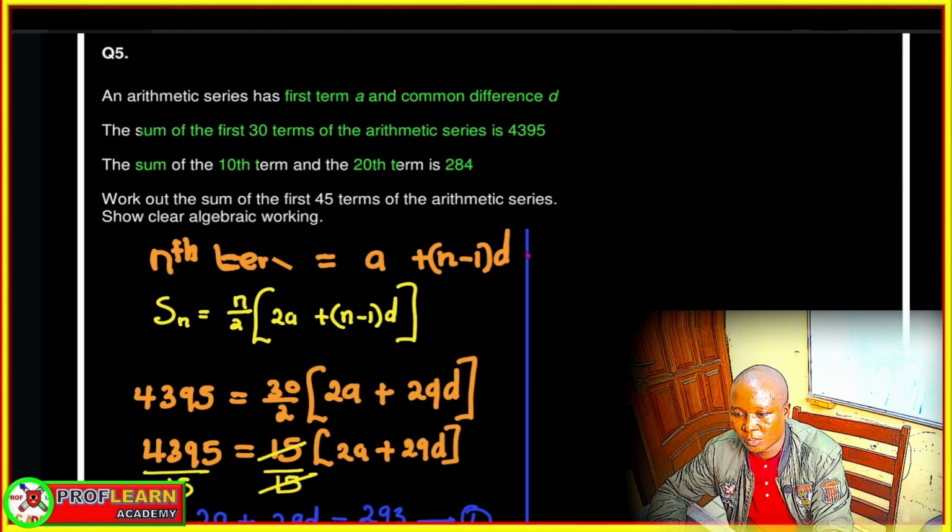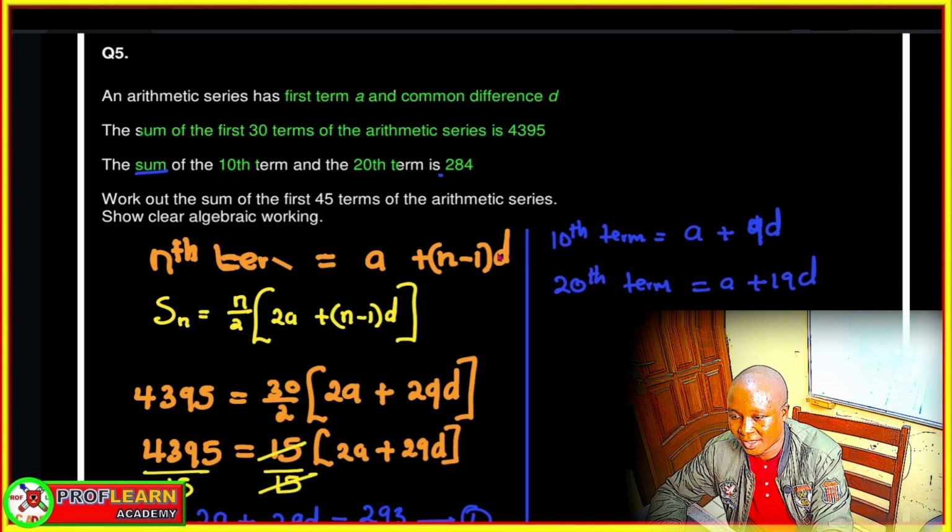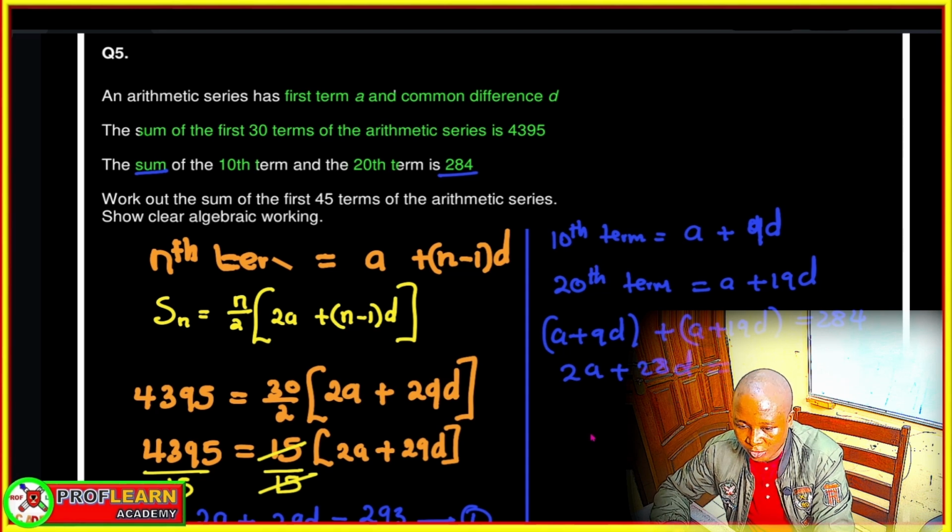The 10th term is a plus 9d, and the 20th term is a plus 19d. If we add the two, we have the second equation.